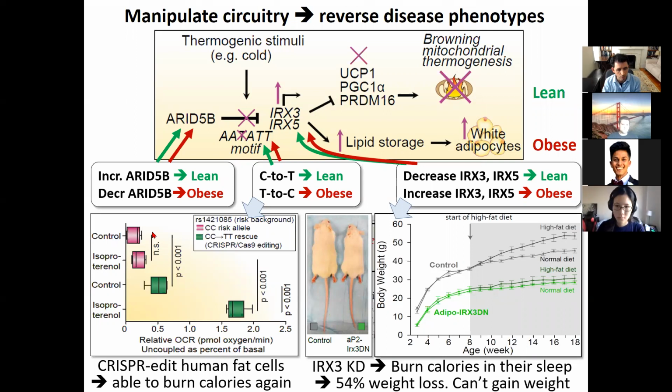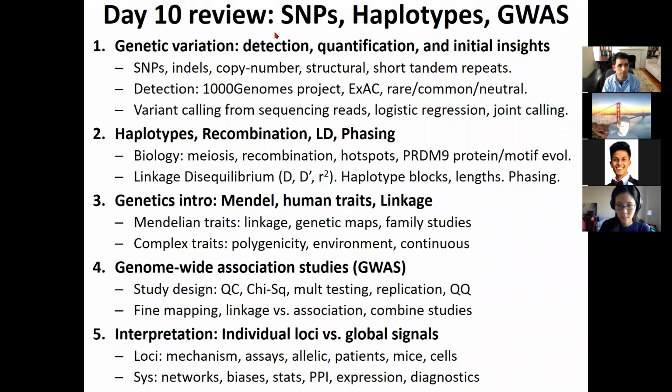So by taking primary adipocytes from risk allele carriers and editing that one nucleotide, we're able to restore that cellular process. And by changing the downstream target gene, we're able to restore the lean phenotypes and, in fact, prevent mice from gaining any weight in obesity.